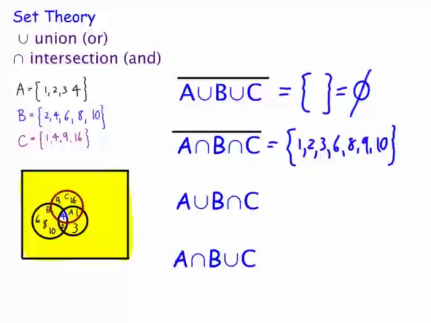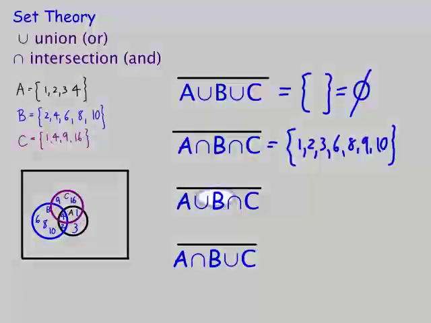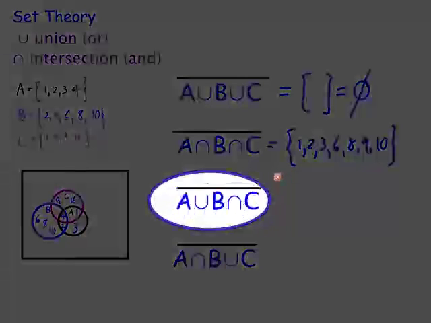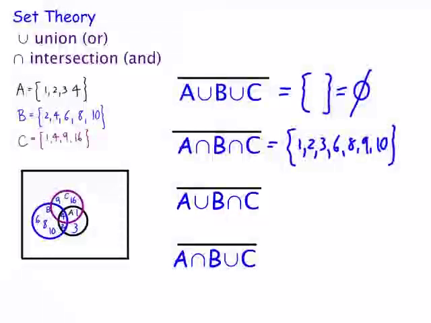Let's just look at these last 2 in terms of complements. We need to put a bar above them to indicate they are complements. If we look at the previous example, A union B intersection C, there are 2 elements in that, 1 and 4. So the complement is the elements which are not 1 and 4.